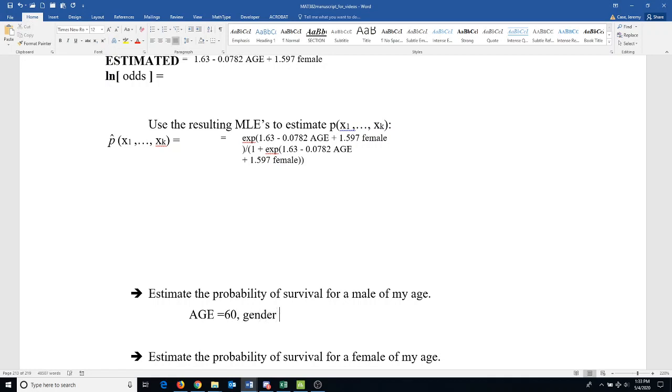My gender is male, so that means X female equals 0. So I'm going to plug this into my calculator: 1.63 minus 0.0782 times 60. And I get negative 3.062.